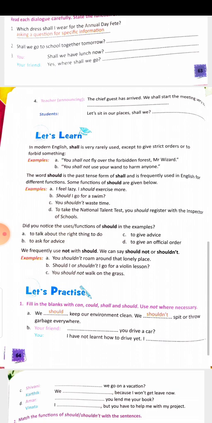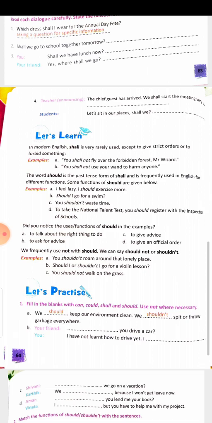You shall not fly over the forbidden forest, Mr. Wizard. That means the forest is forbidden, so you should not fly over there. Someone is instructing. So it is a strict order that you shall not do this.